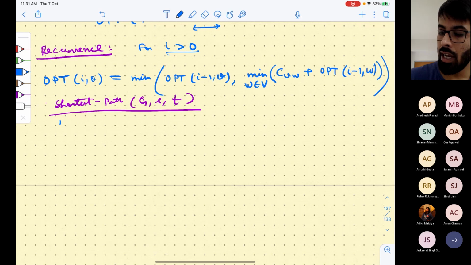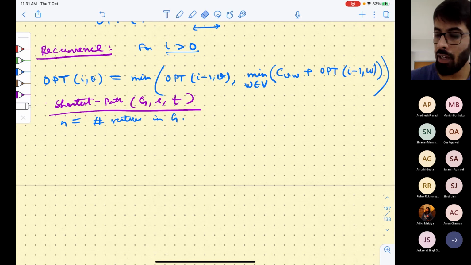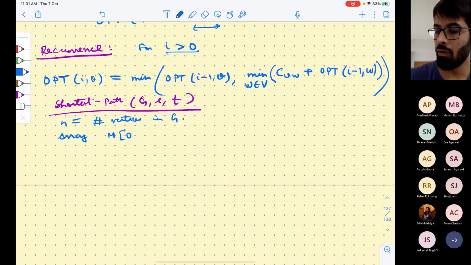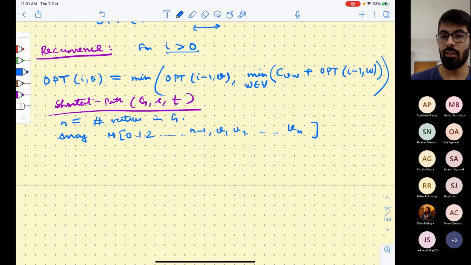Let N be the number of vertices in G. Now you define a two-dimensional array, M, with first index 0, 1, 2, to n minus 1, and second index v1, v2 to vn.